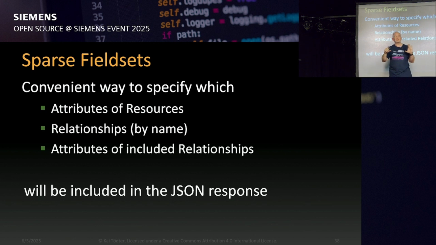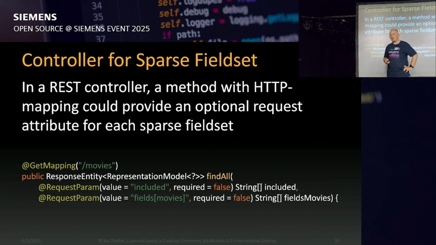This is a simple use case; of course, GraphQL can do way more. But for the simple use case that you just want to filter for existing fields, this feature is built into JSON API. And also from the programming perspective, it's super easy if you use the library to implement that.